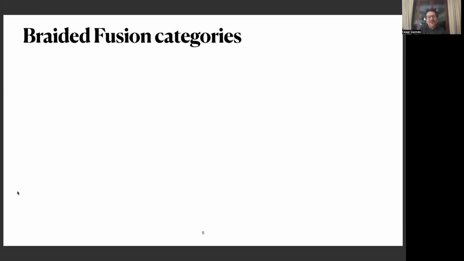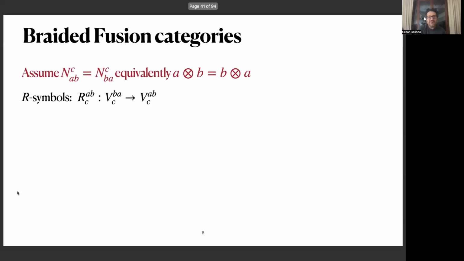So what we want is not only to start with a braided fusion category and change the fusion rules to obtain a new solution to the pentagon equation, but also to get a new braiding and to understand when this kind of procedure is possible and when it is not.